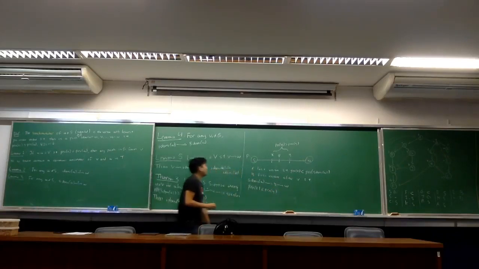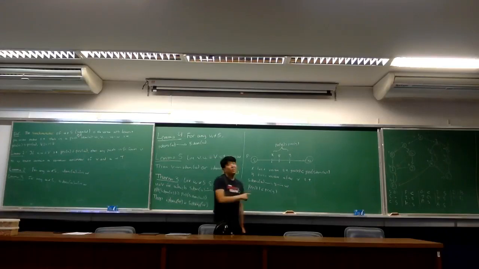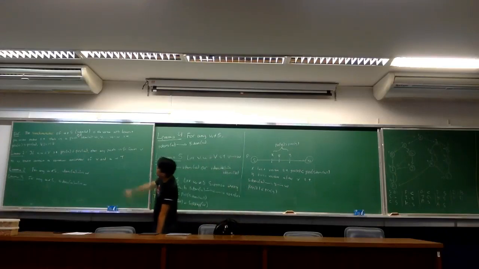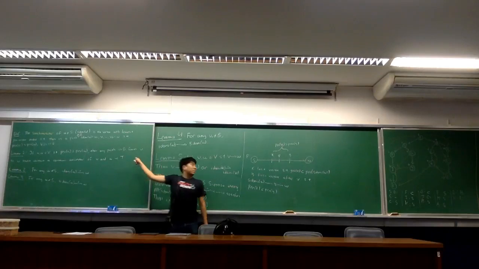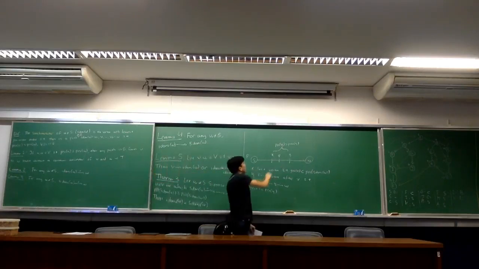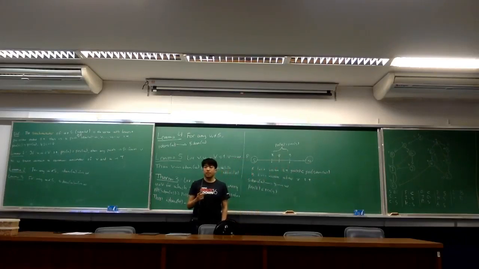Okay? But by lemma number 1, we know that every path from Z to Y has to pass through the common ancestor of Z and Y in the DFS tree. Right?